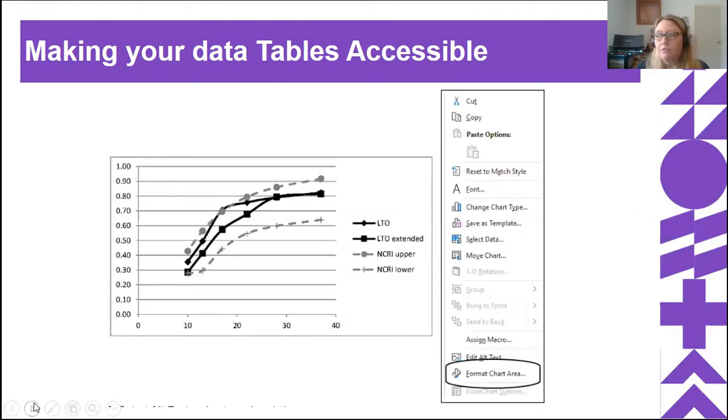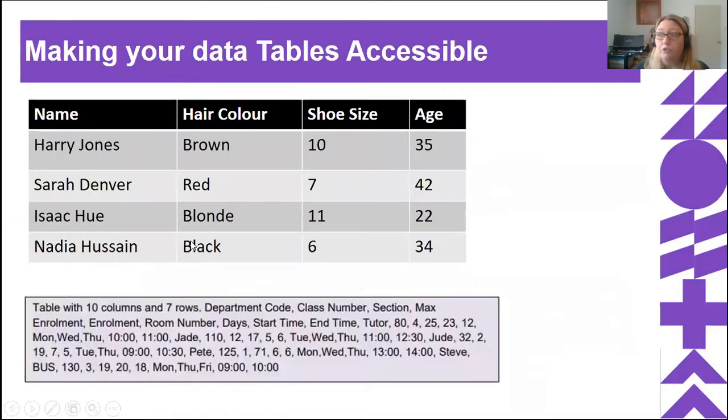Now, something you do need to do with any chart or table is to format the table and to add alt text. And alt text is alternative text for a screen reader. I will just show you how to do that using these examples here.